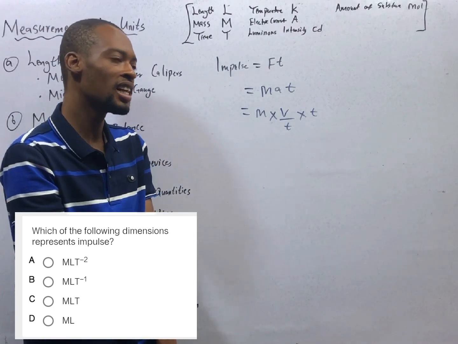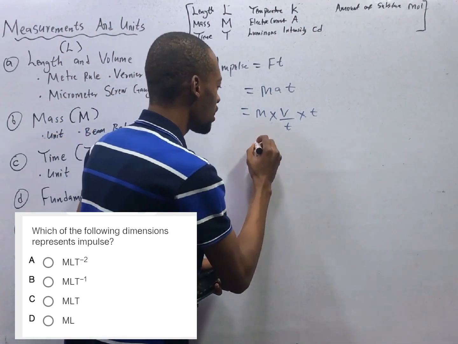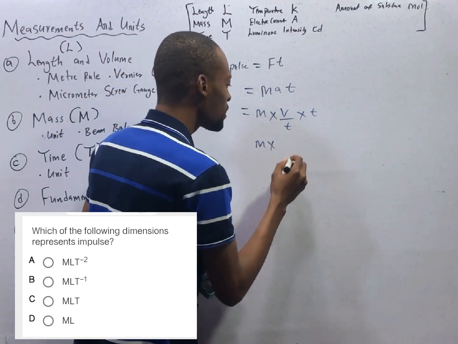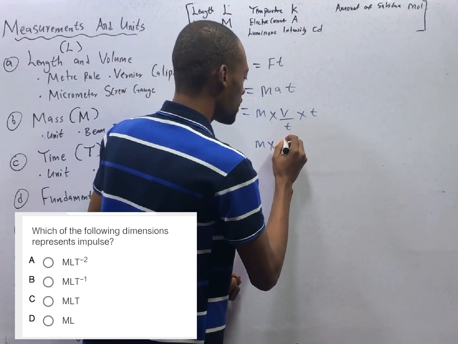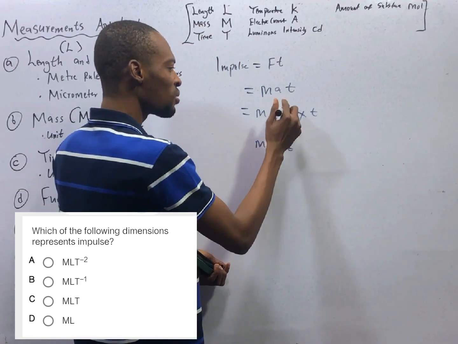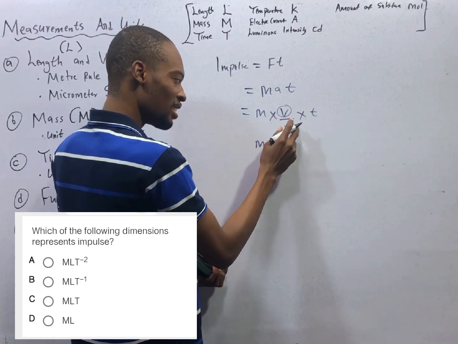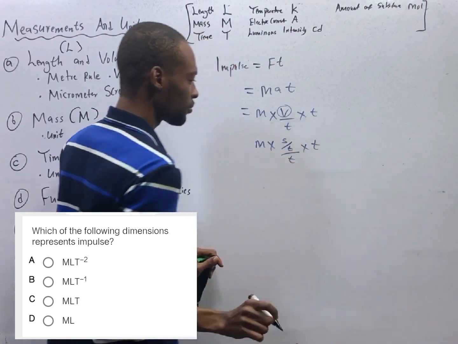We break velocity down. Velocity is displacement over time. So this is m times displacement. You can say distance. You put it as s over time. This displacement over time is only for velocity. This time is here, so it remains times t.